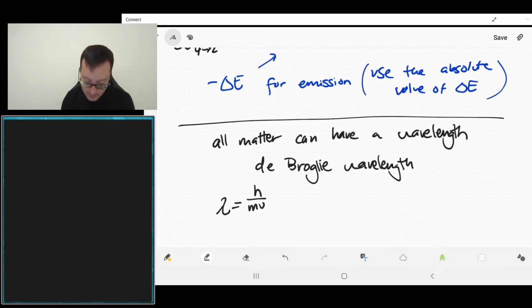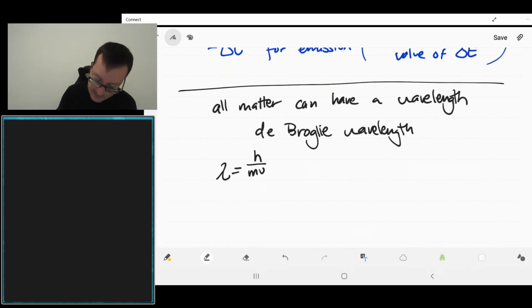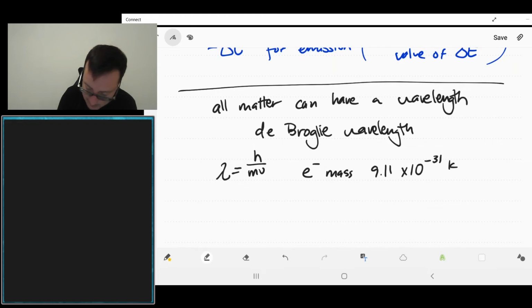If we want to think about doing this, I have the numbers here for actual electrons because I have no idea what electrons weigh. Let's say an electron has a mass of 9.11 times 10 to the negative 31 kilograms.